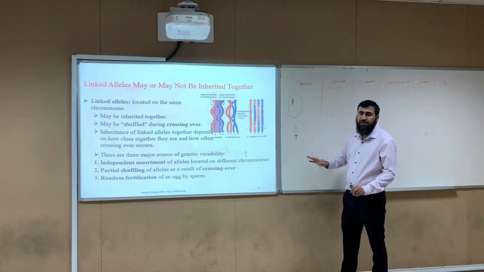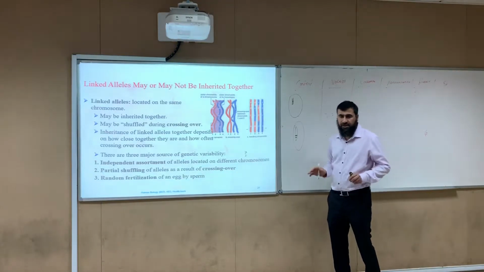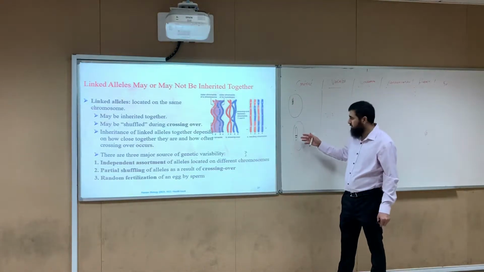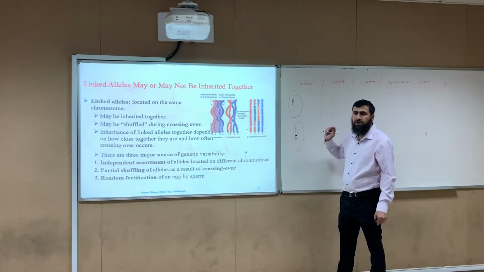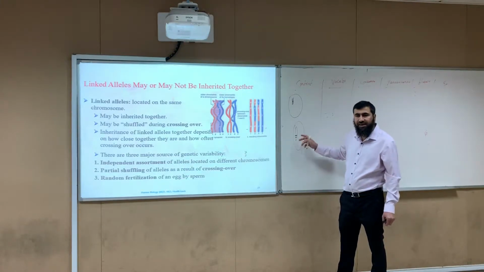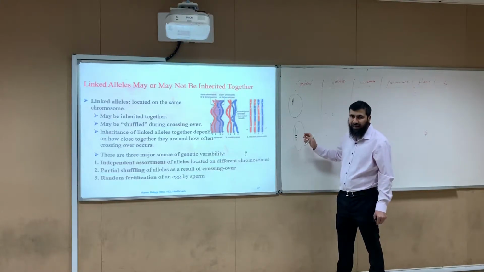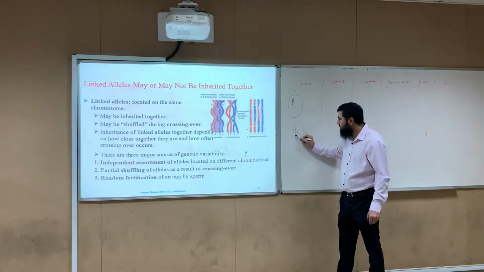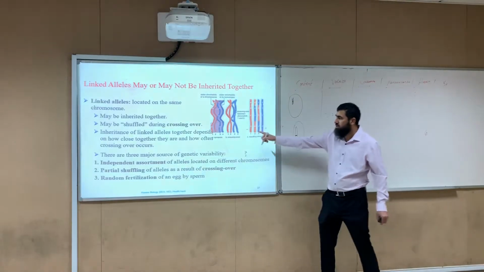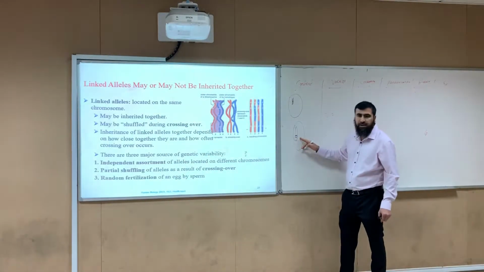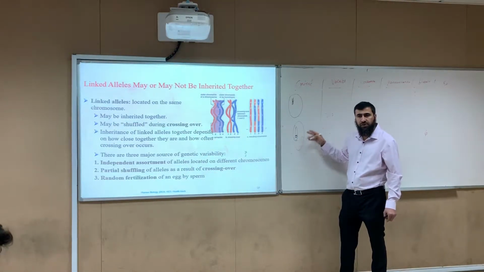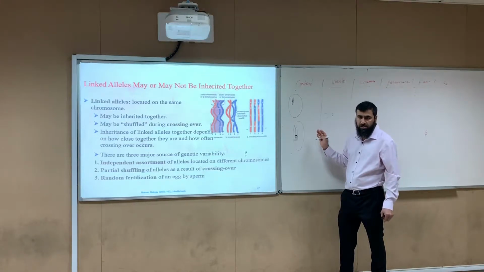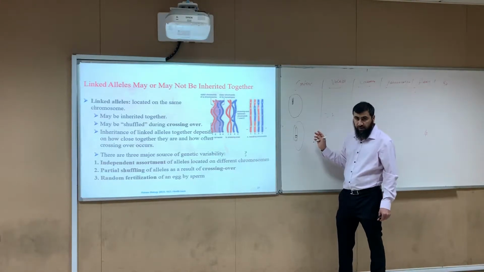They're not actually on the same one, but I'm just giving an example, okay? So these two will be inherited together because they're linked, they're on the same chromosome. Unless crossing over can separate them, okay? If you have crossing over, they can be separated to the non-sister chromatid.